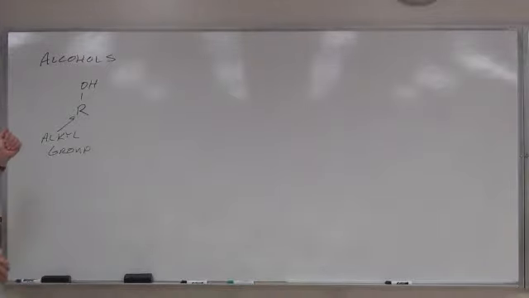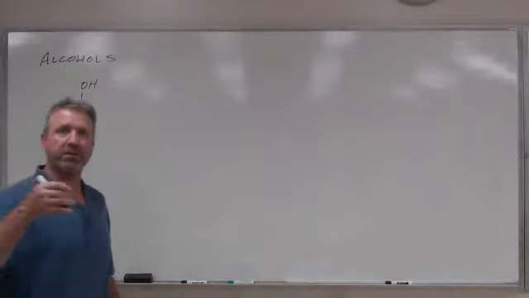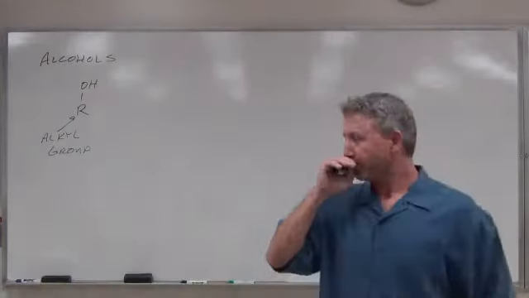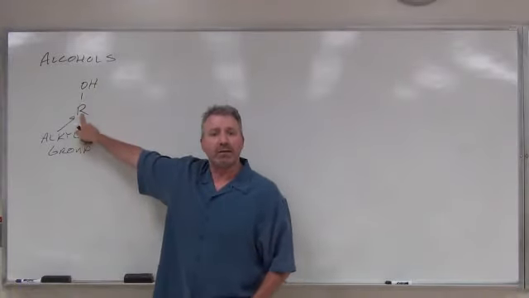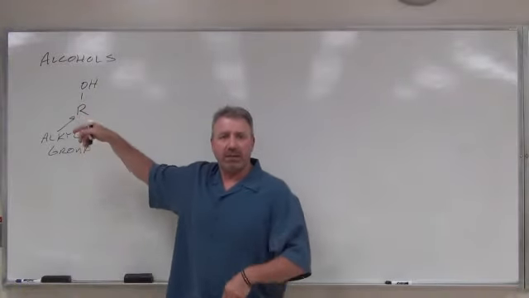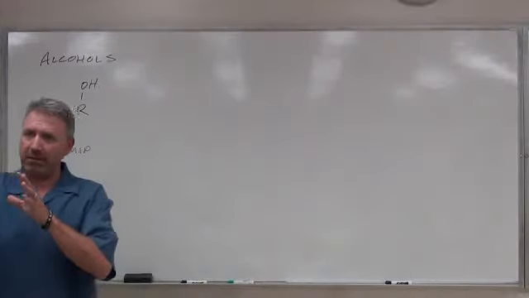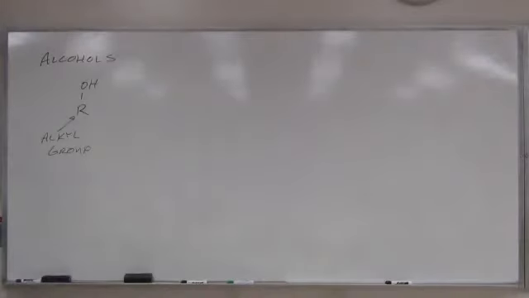What this basically says is that this has to be a carbon. It doesn't necessarily matter how branched it is or how long the carbon chain is, but you have an OH connected to a carbon. That's going to be your alcohol functional group.